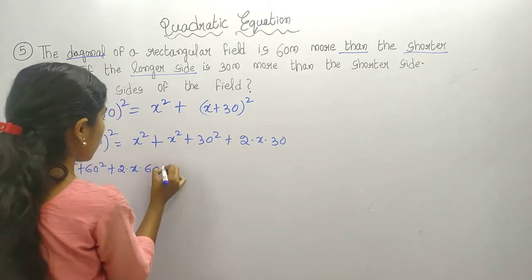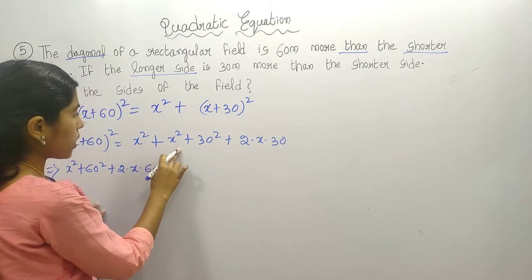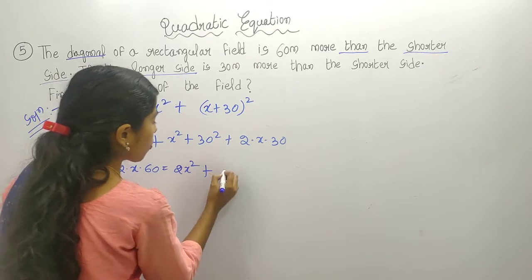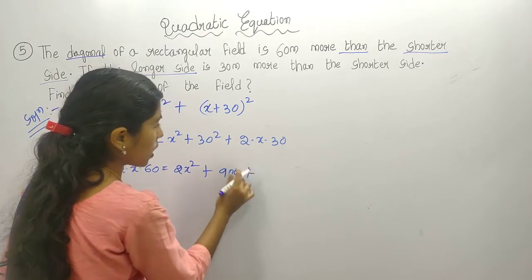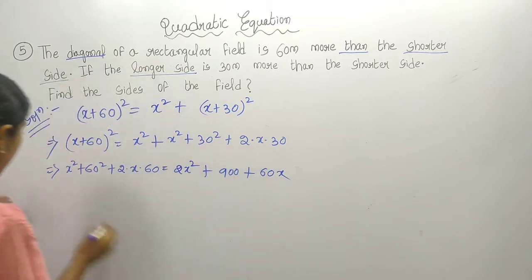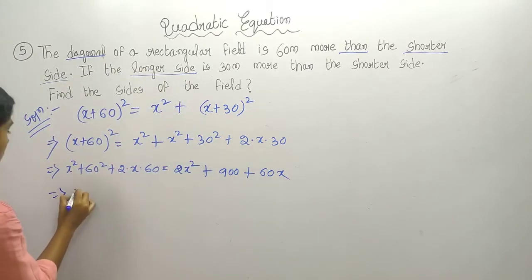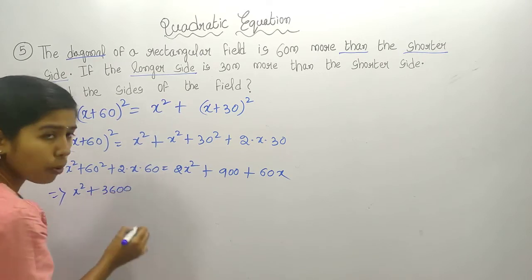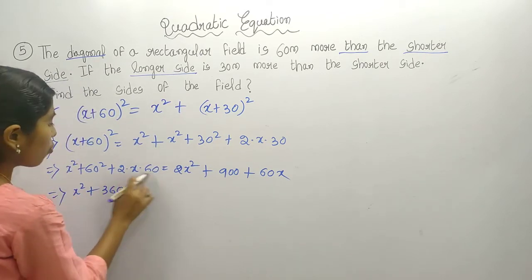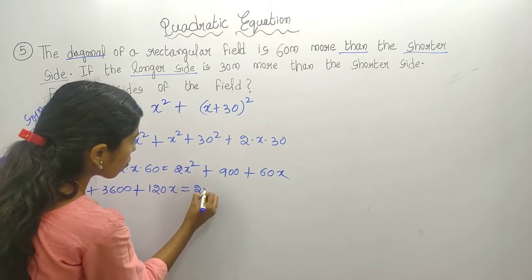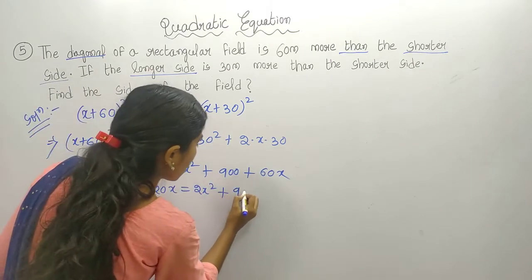So equals x square plus x square is 2x square, plus 30 square is 900, plus 2 into 30 is 60x. Next, that implies x square plus 60 square is 3600, plus 2 into 60 is 120x equals 2x square plus 900 plus 60x.